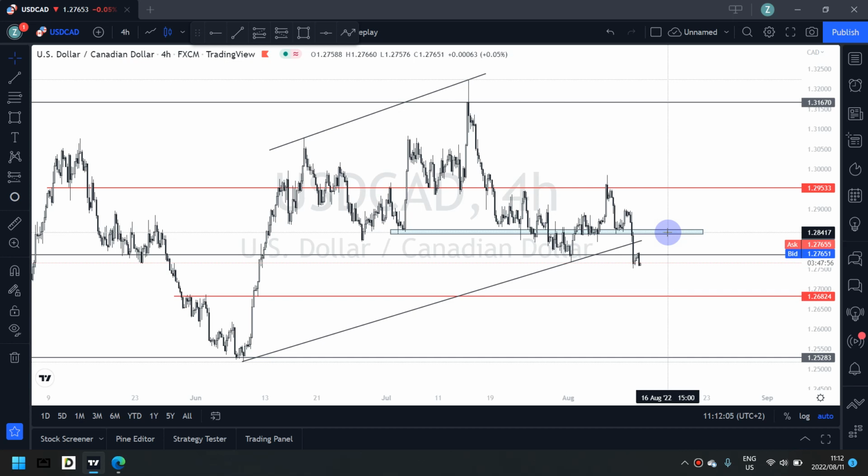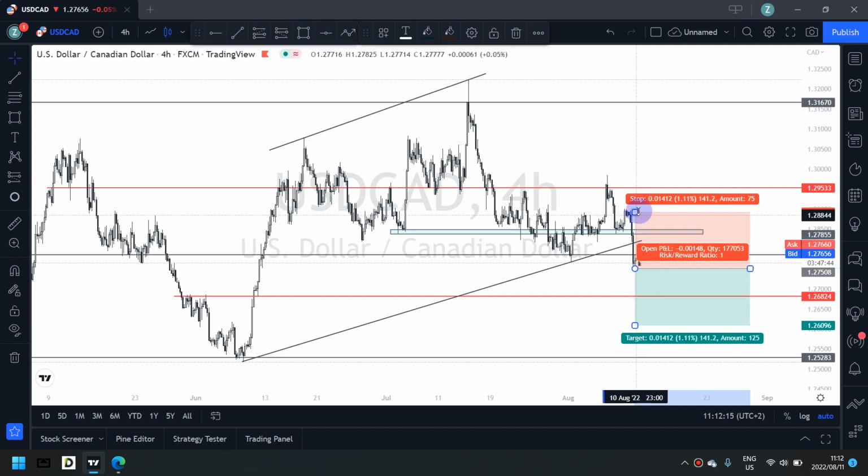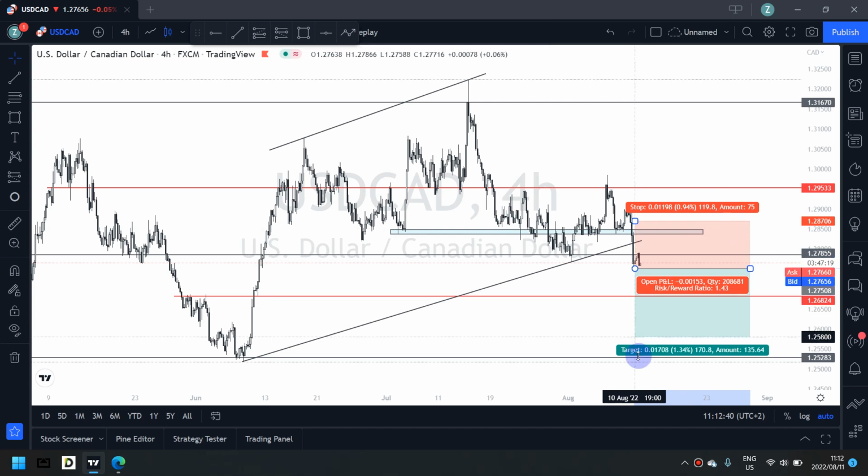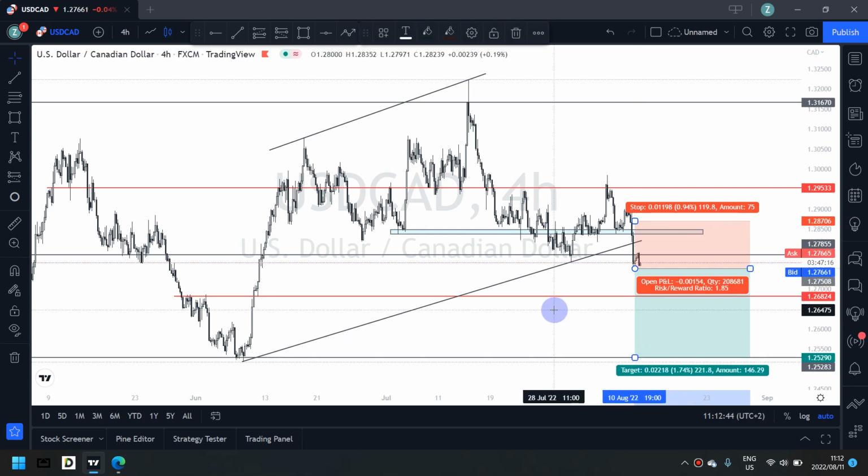the first thing that I would do is to place a sell stop here, or you can either sell right away, with your stop loss here at this key level at 1.28706, and you take profit obviously at the lowest key level, right?